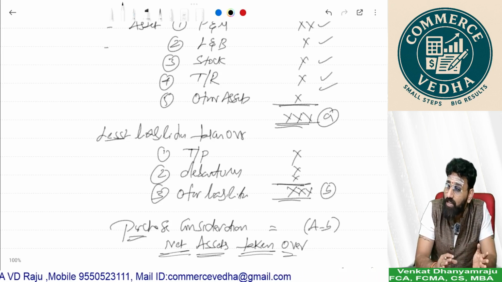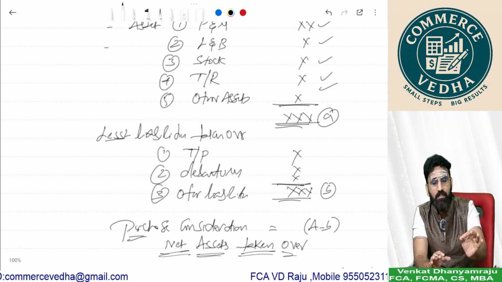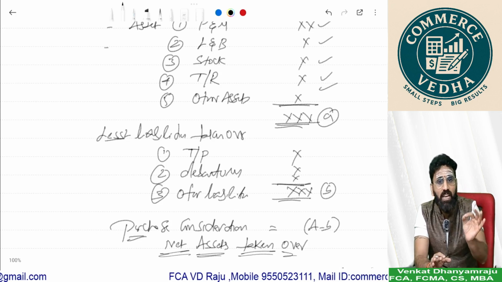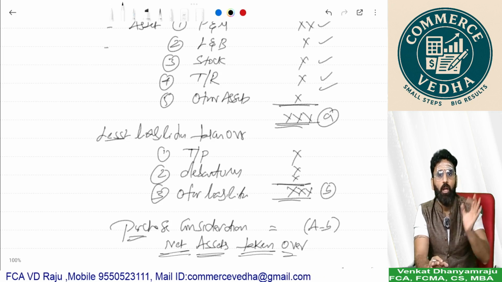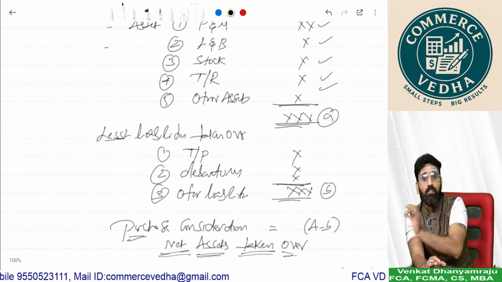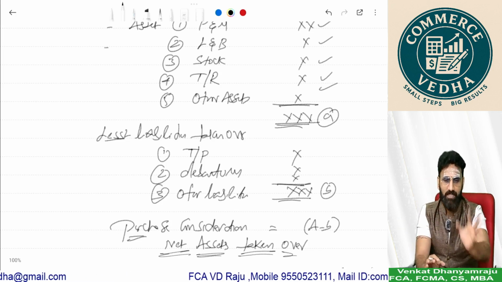Holding preference shares or holding equity shares are called shareholders, and the definition says consideration in any form paid or payable to the shareholders of the transferor company is called purchase consideration.